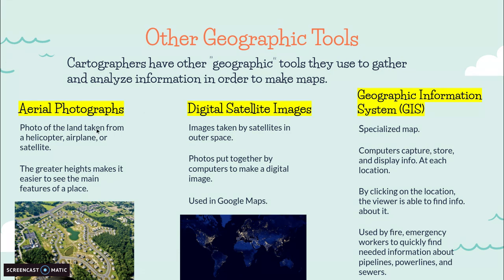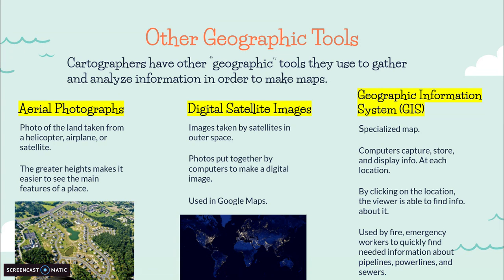They use aerial photographs, which are photos of the land taken from a helicopter, airplane, or satellite. The greater heights make it easier to see the main features of a place.